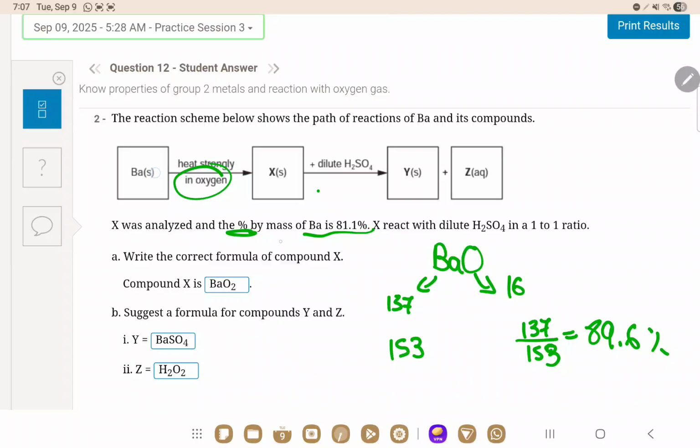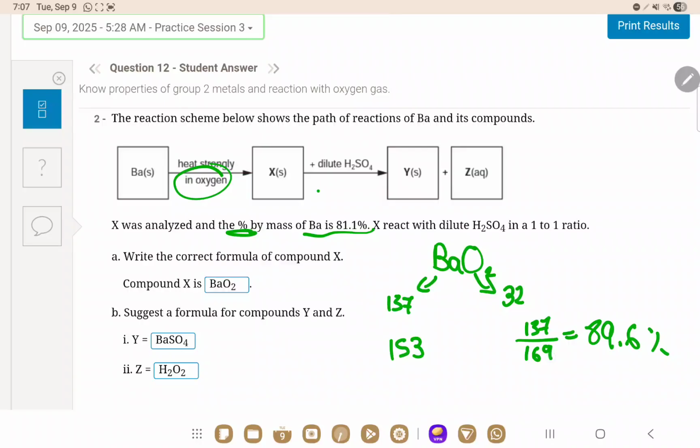Here they told you the percentage of mass of barium is 81.8. So what do we do? We need to assume it is O2, because there's no oxygen left. You can't take one oxygen with the other. So the second oxygen, you take it: BaO2. Now if it's BaO2, it's 32 for the oxygen, which is going to be 169 total. 137 over 169.